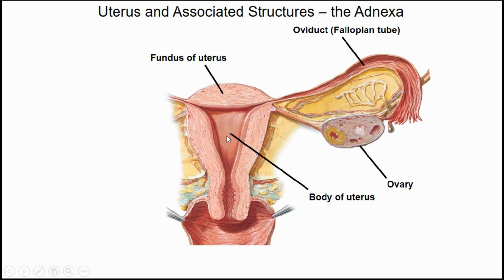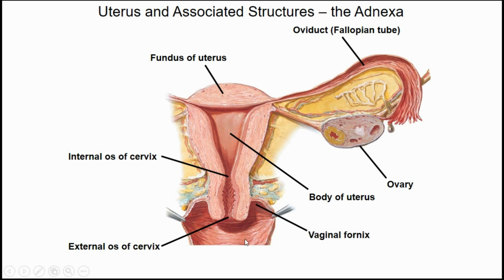And even though we're only pointing to one spot, the body of the uterus is the whole thing. We've got the cervix here, this thickened area at the base of the uterus, and it has an internal hole, that's the internal os, and an external hole, the external os of the cervix. So just be aware the cervix is the whole thing, and the os is going to be the opening on the inside, internal, or outside, external.